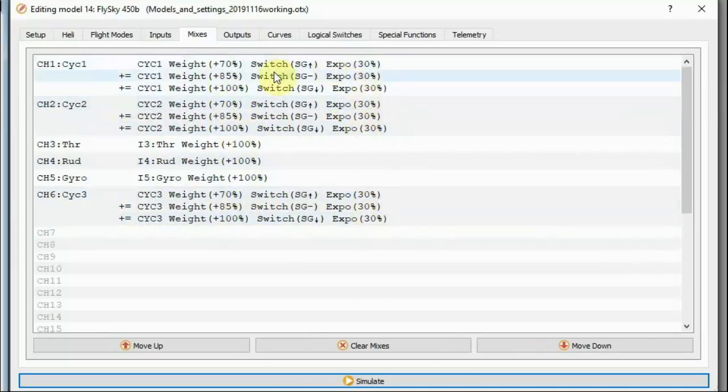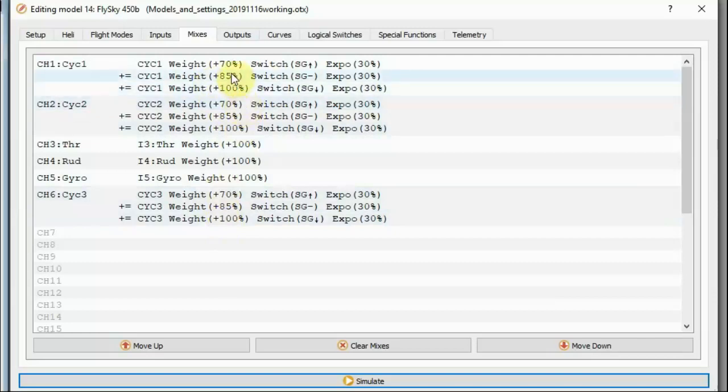You can vary the expo between one and another, but if I make the top one expo 40, I must make it expo 40 on all three cyclics. The definition of the three cyclics here, if you're going to put anything in, must be identical, because if you don't put it in identically, the swash plate will not move correctly, because these are going directly to the servos, so you're going to start skewing the response of your servos if you make them different in the way they're mixed.